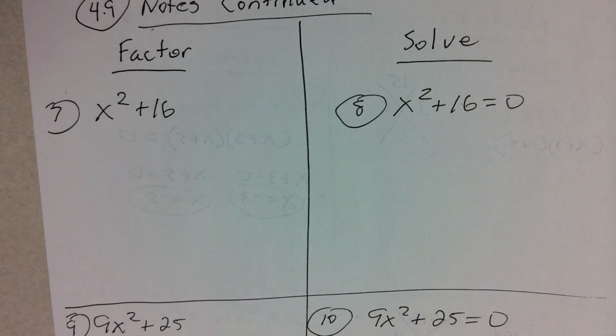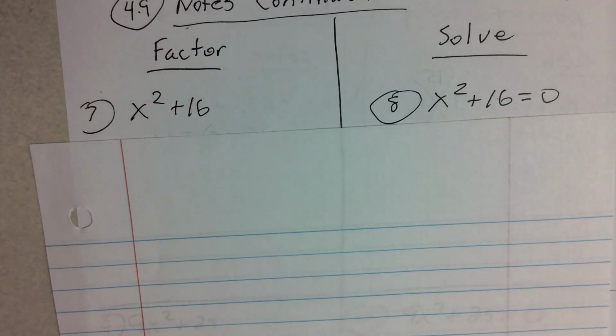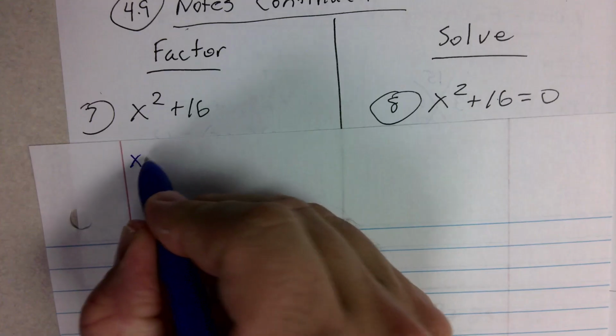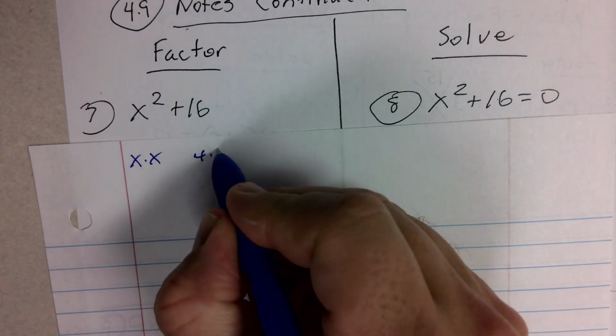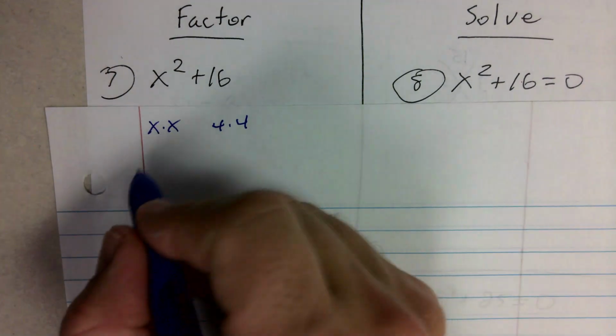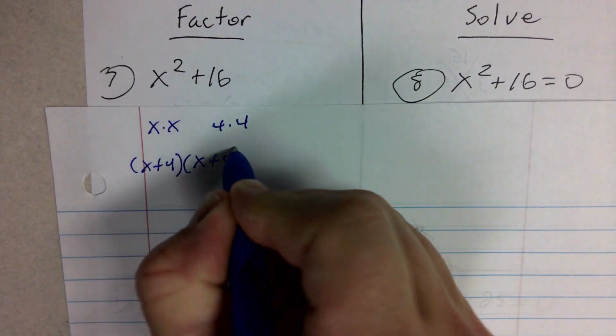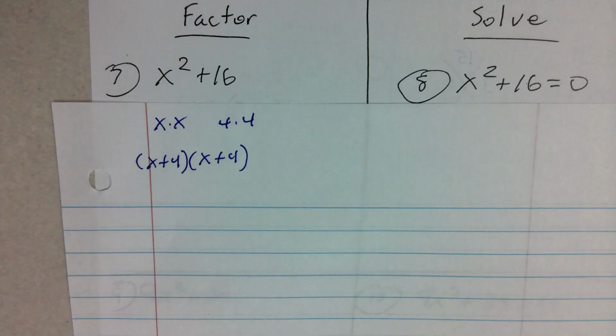You don't have to write anything. Okay. So I'm going to attempt this, and this is not correct. I'm going to say this is x times x, this is 4 times 4, and the mistake will be that somebody's going to come in here and say this is x plus 4 times x plus 4. That is not correct. Okay?